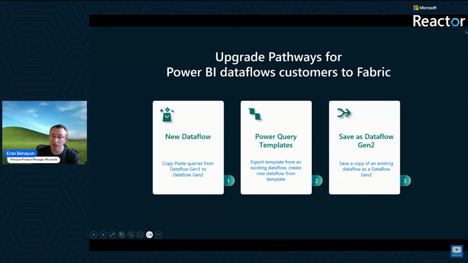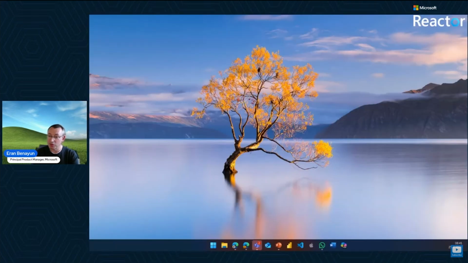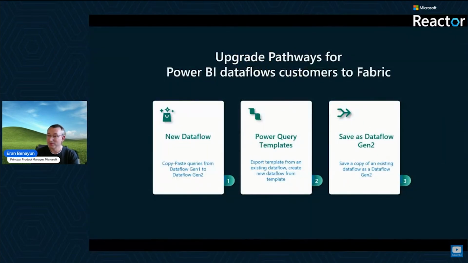Third option, which is actually not yet available but is coming soon, is the Save As Dataflow Gen2 experience. Imagine you're working with Dataflow Gen1 in Power BI, and with a single click on the Save As menu item, we're creating a new Gen2 dataflow, including a full copy of all your Gen1 queries.